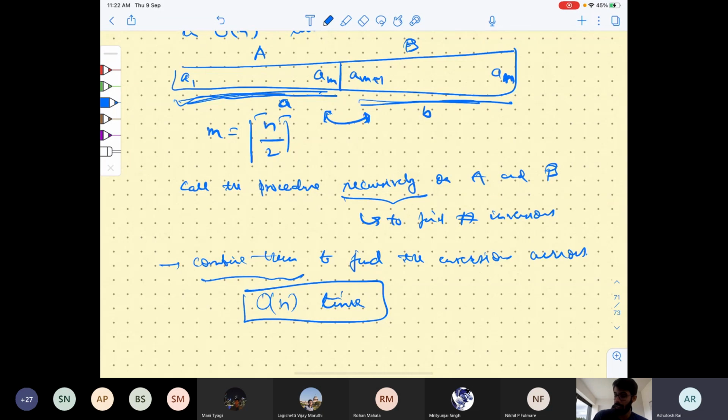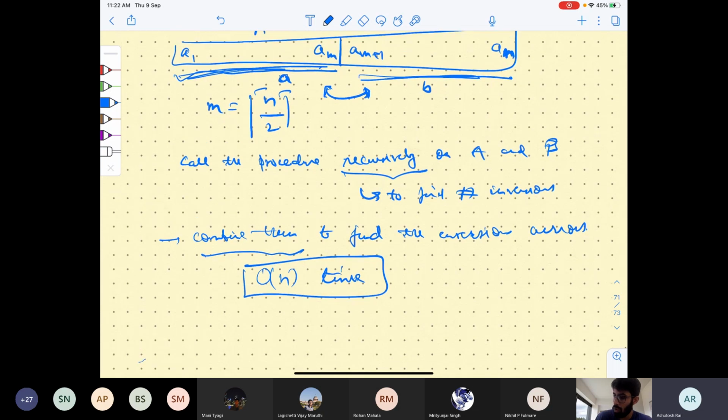How do they look like? The left part of the array has a bigger element than the right part, right? Exactly.